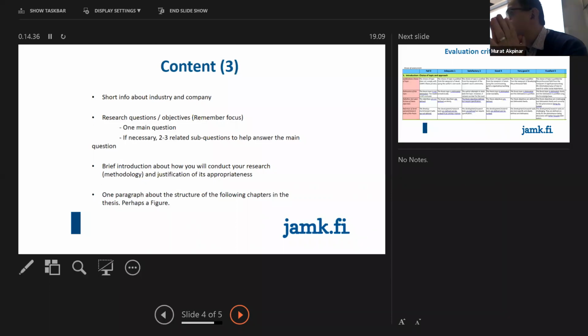Now, research questions. We have been talking about this, and we have already been going through this process: maximum, I would say, 2 questions. You may have 1 main question and maybe 2 supporting questions, but what does supporting question mean?